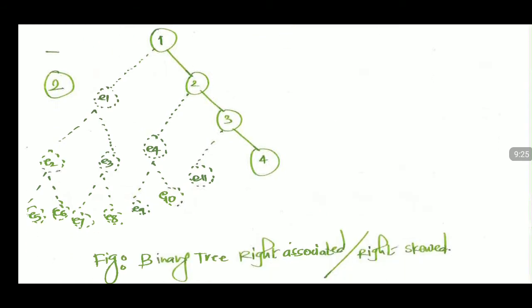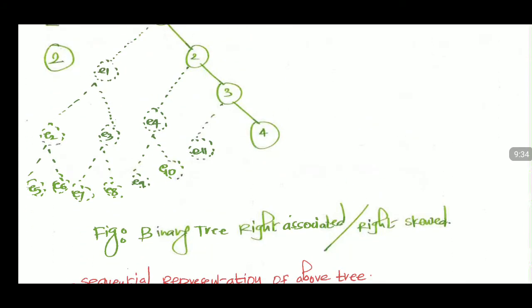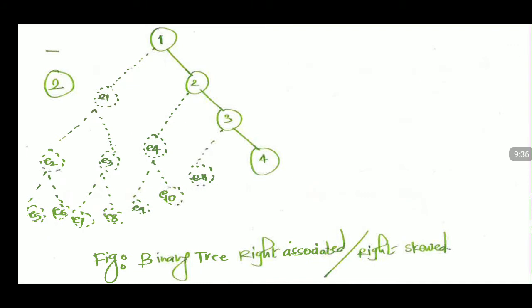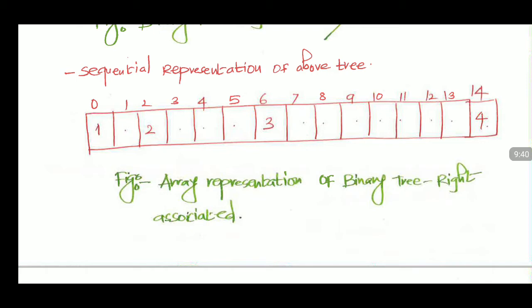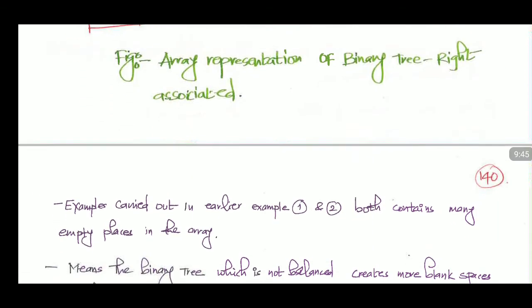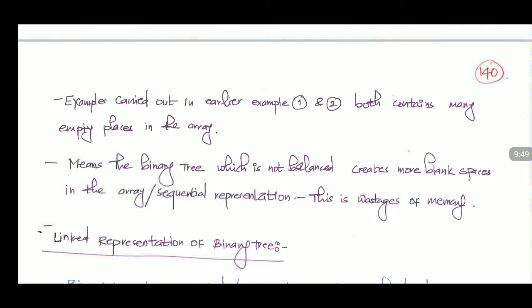Now, the same thing is true for a right associated or right skewed tree as well. Again, this is a binary tree, but it is right associated or right skewed. If you look at its sequential representation, the same thing is there. So the examples we carried out earlier both contain many empty places in the array.